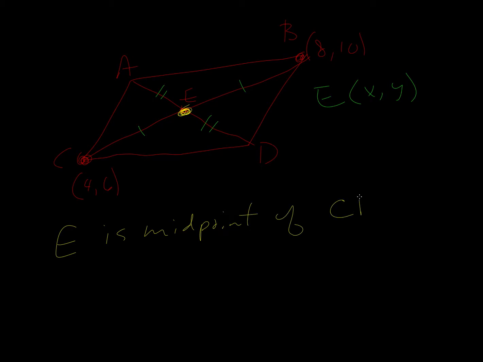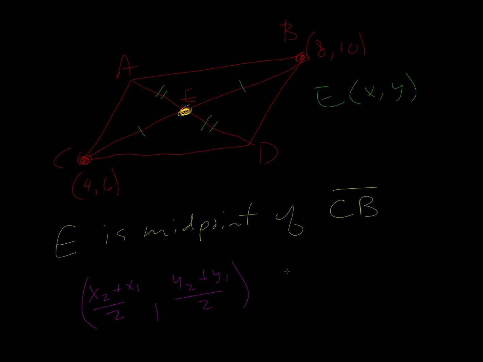And so knowing that, we can use the midpoint formula, which is x2 plus x1 over 2, and y2 plus y1 over 2. So the midpoint formula, or you can just take the average of the x's and average of the y's. It's that simple.